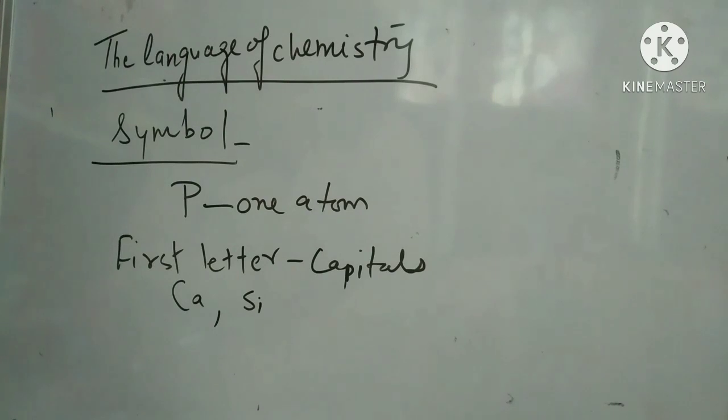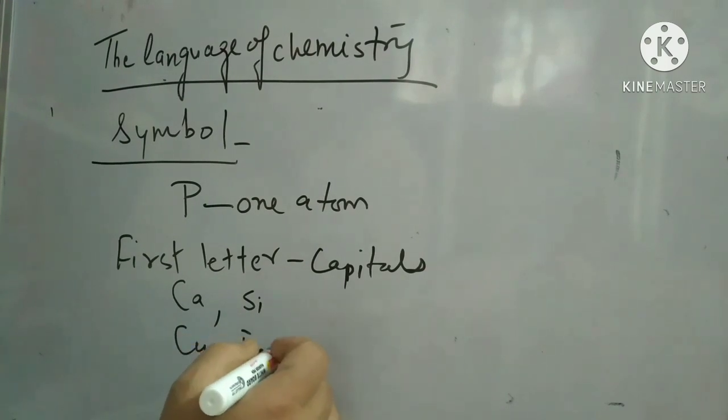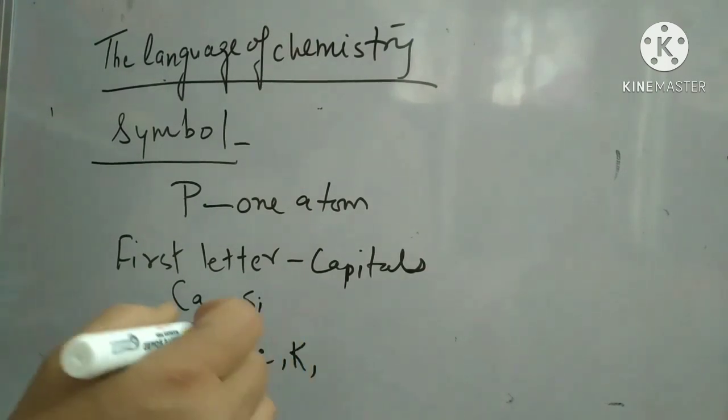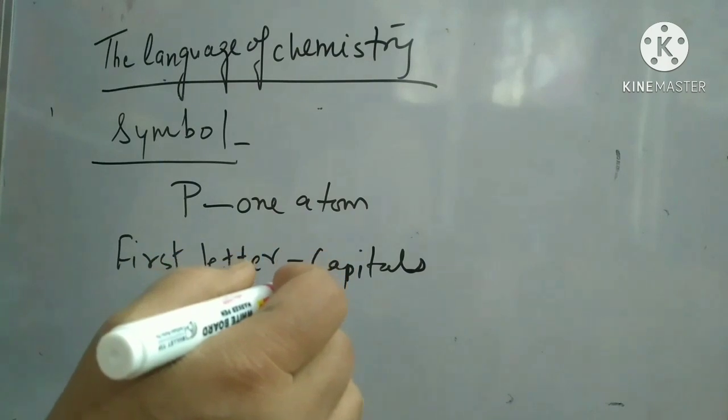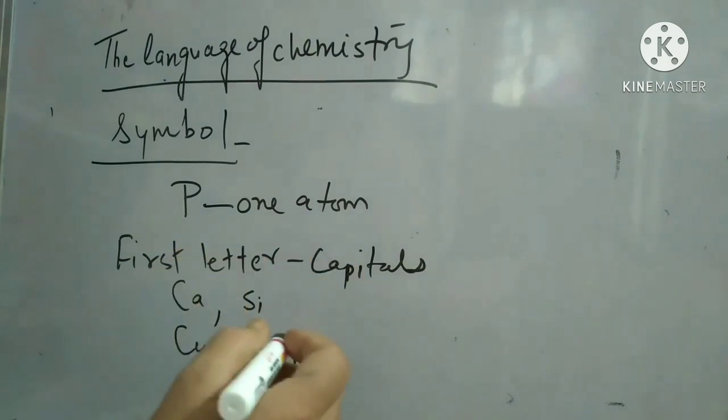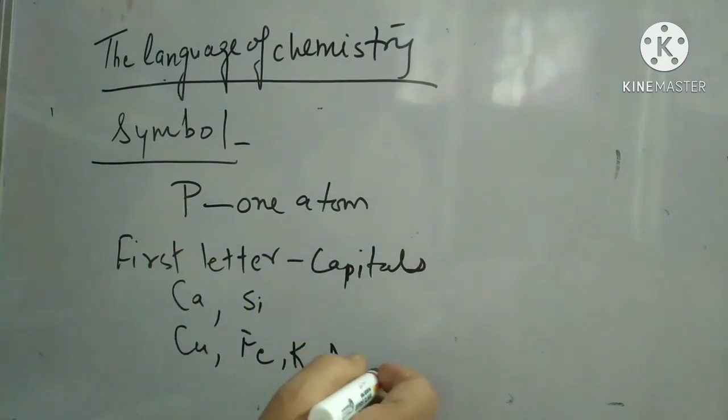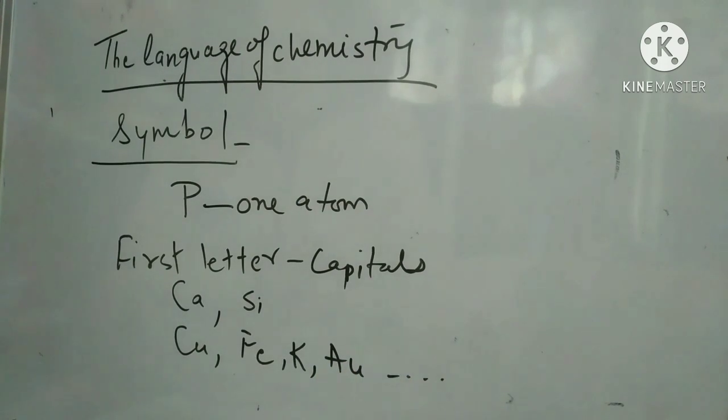Now, the symbols for some metals were derived from their Latin names, like copper from cuprum, iron from ferrum, potassium from kalium, gold from aurum, and so on.